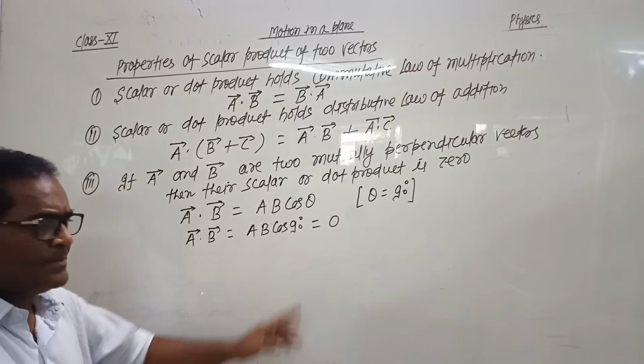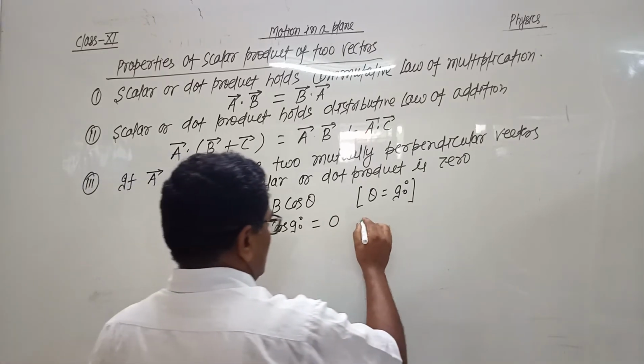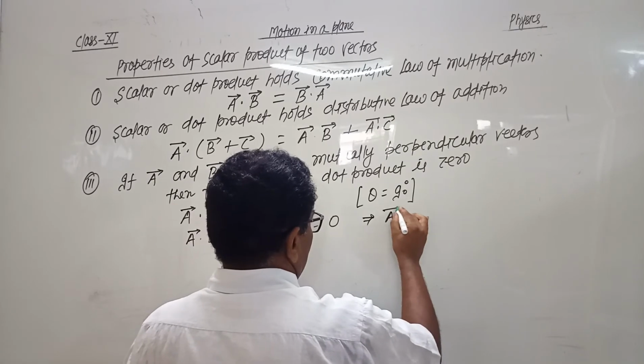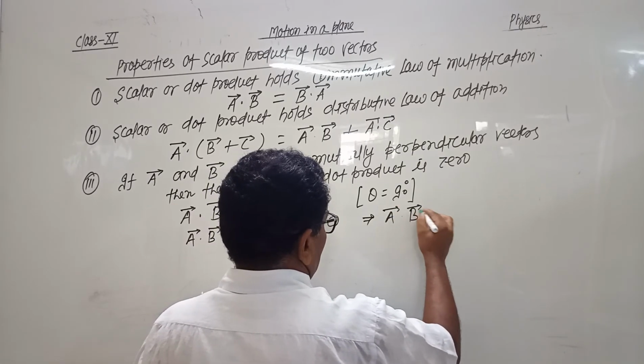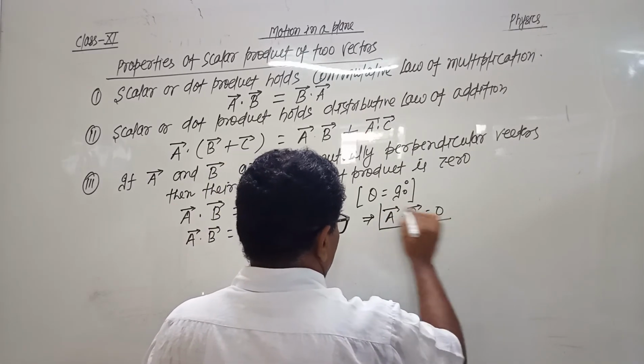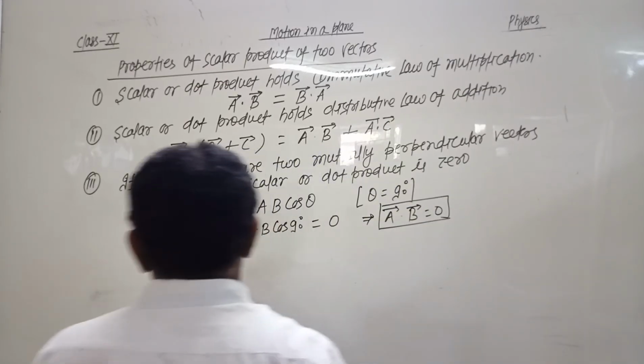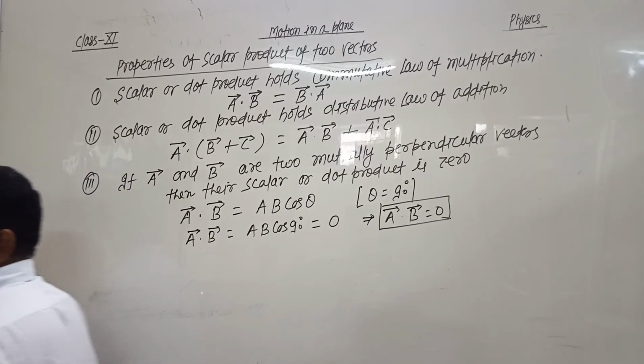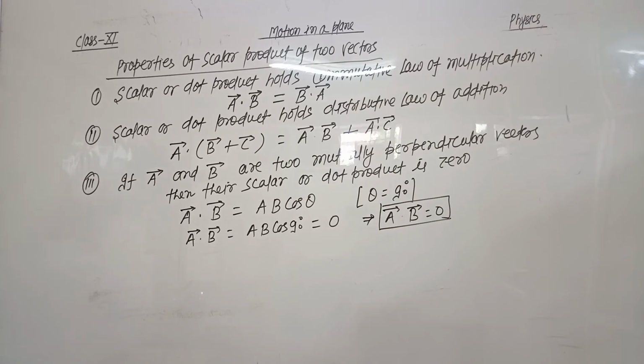So AB multiplied by 0 equals 0. It means A dot B equals 0 when two vectors A and B are mutually perpendicular to each other, that is, when the angle between them is 90 degrees, their dot product is 0.